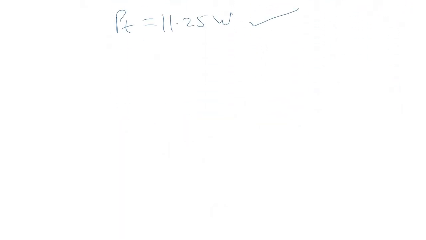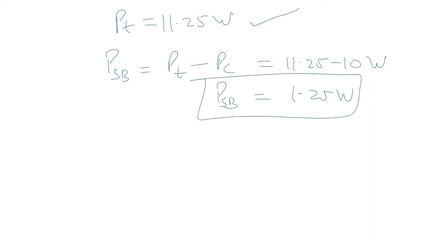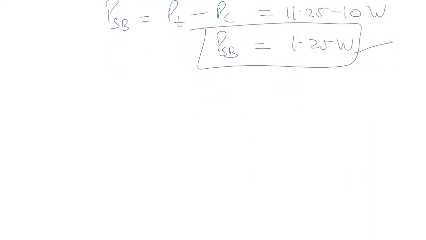now we can easily find the sideband power as well. Power of sideband will be total power minus carrier power, so it will be 11.25 minus 10 watts, that is equal to 1.25 watts. So this is the power contained in both the sidebands in total.